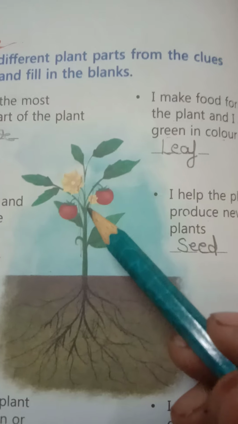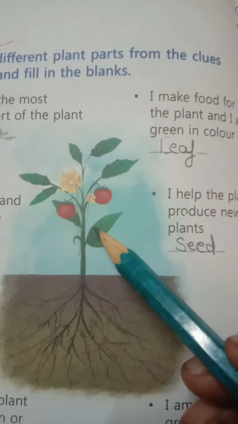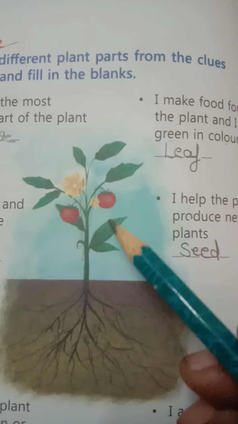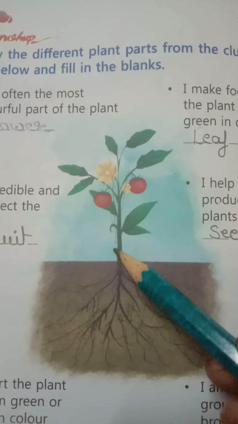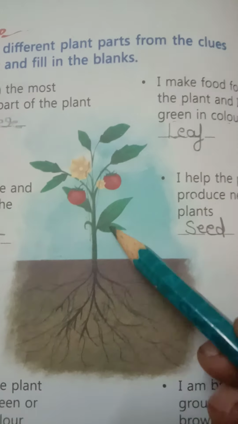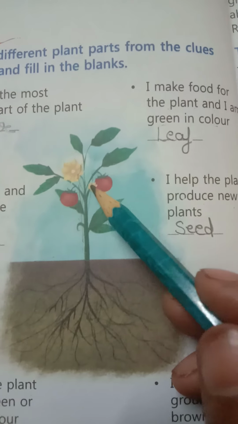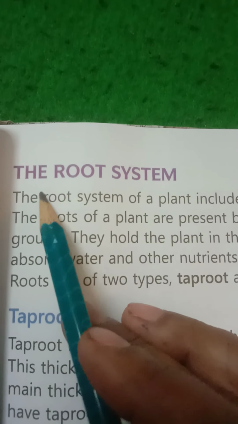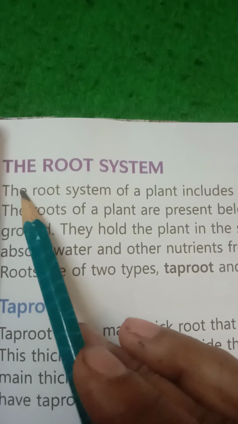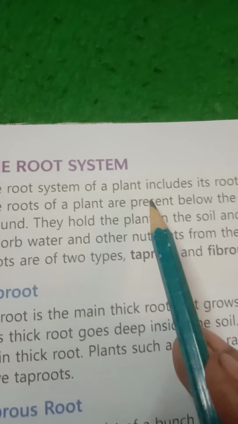Student, what kind of parts are there in the shoot system? There are stem, leaf, fruit, flower, buds. Now student, the root system. The root system of a plant includes its roots.